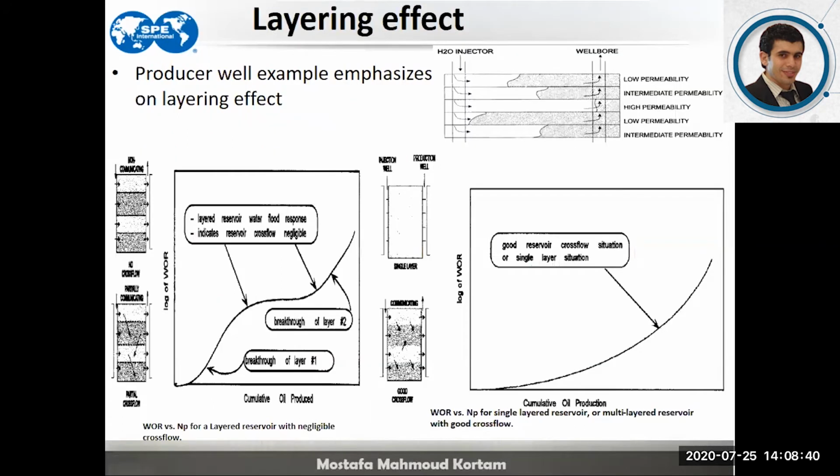What will be the case for the production well, as we explained before, by having the plot of log water oil ratio versus the cumulative oil production? If the log water oil ratio develops in that particular manner, it can indicate good reservoir performance.